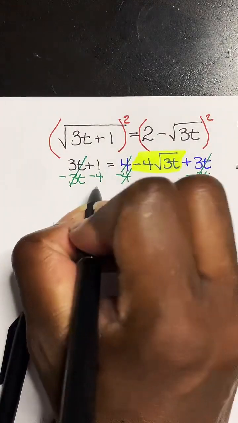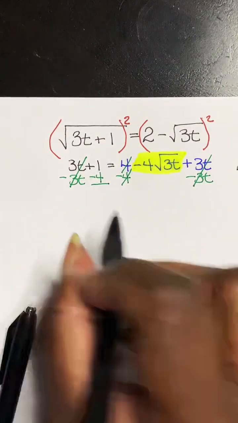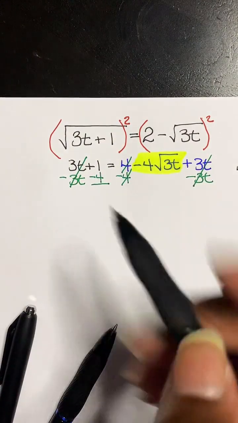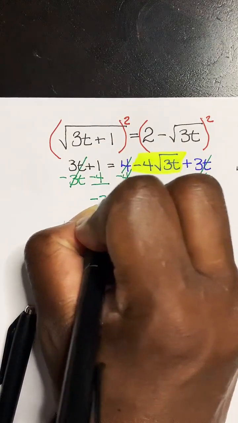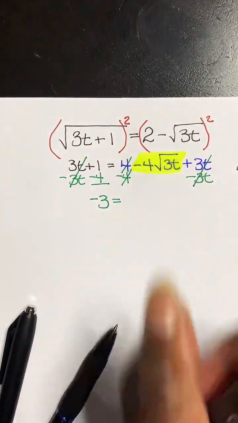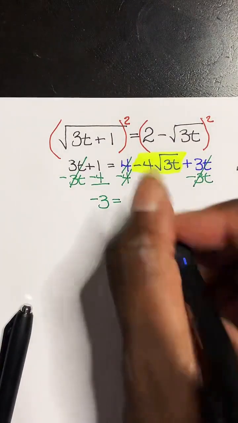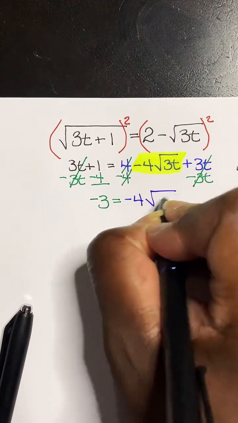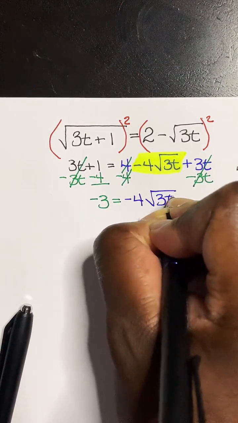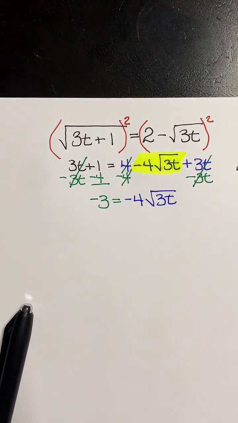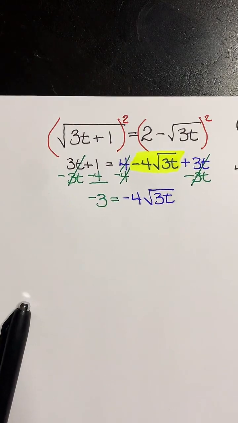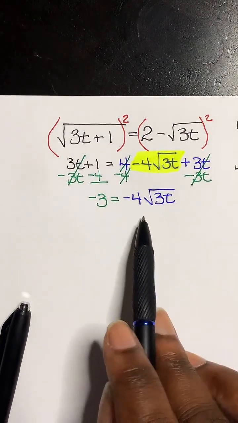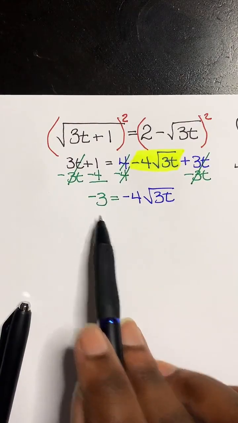So what we have left on the left-hand side is 1 minus 4, which gives us a negative 3, and then we bring down my negative 4 square root of 3t. I know people are going to be tempted: couldn't I just divide both sides by 4?